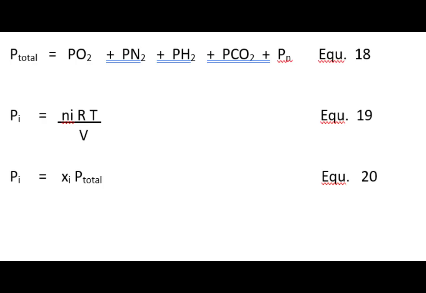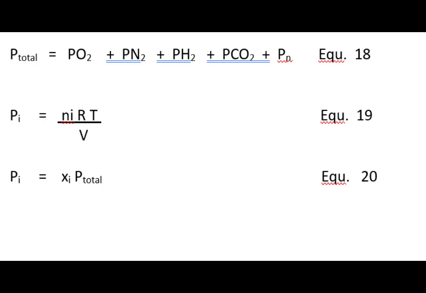The partial pressure, Pi, of a gas is the pressure that the gas would exert if it alone occupied the entire volume at the same temperature. The partial pressure, Pi, of gas molecules can be expressed using the ideal gas equation, PV equals nRT. This is shown in equation 19, as i indicates the individual or pure gas and ni indicates its number of moles.